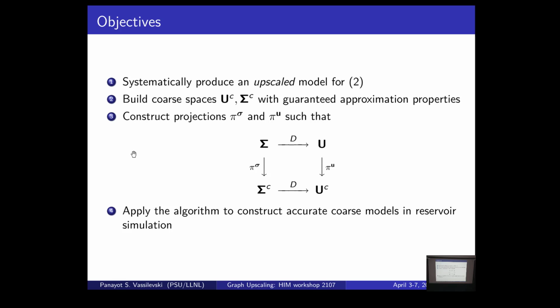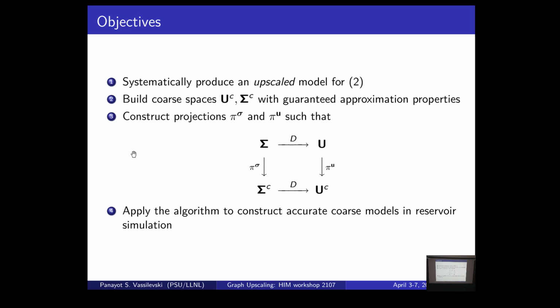All right, so we're building coarse vector subspaces of vertex degrees of freedom and edge degrees of freedom. This is the fine space of edge degrees of freedom. This is the fine space of vertex degrees of freedom. So these are vectors in R^n and vectors in R^m, where m is the number of edges.